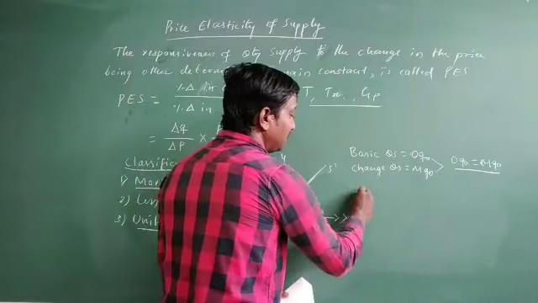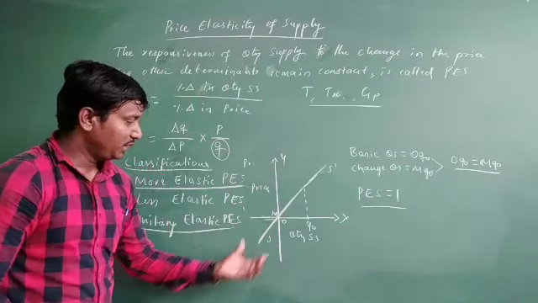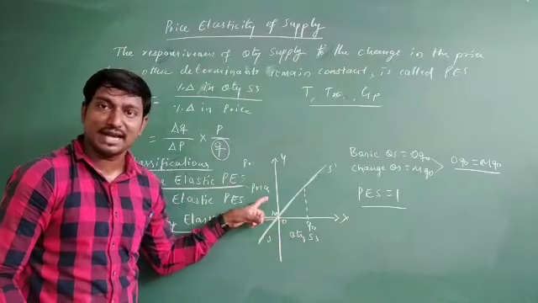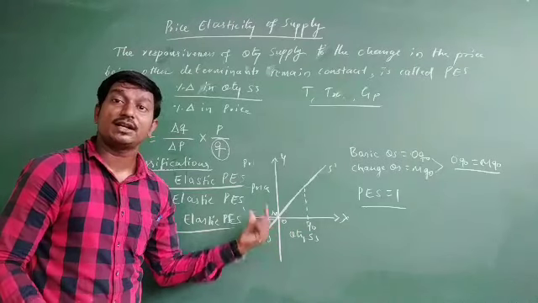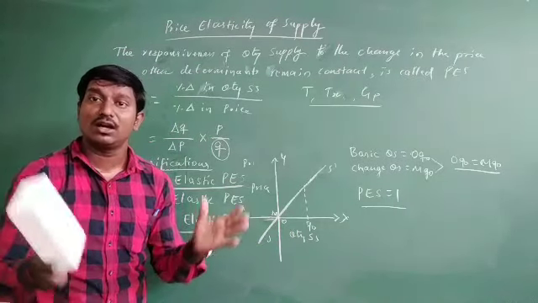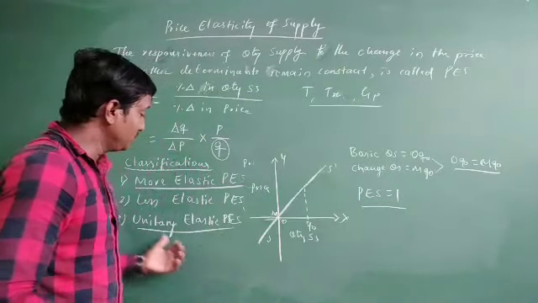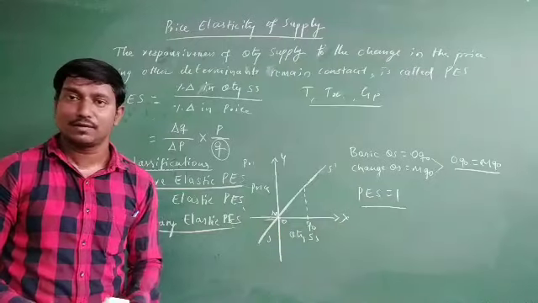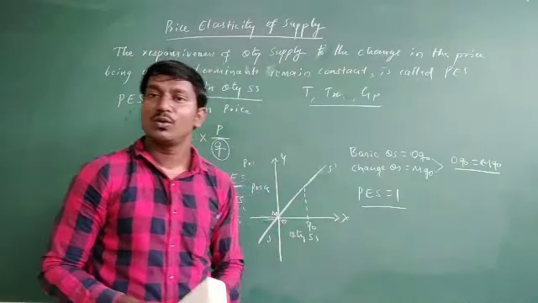Then how are we going to write it? PES equals 1, which means the percentage change in the quantity supply and the percentage change in the price are the same, and the change in the quantity supply compared to the basic is equal. Then we call it unitary elastic price elasticity of supply, where we write PES equals 1.